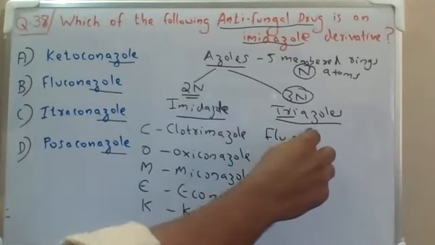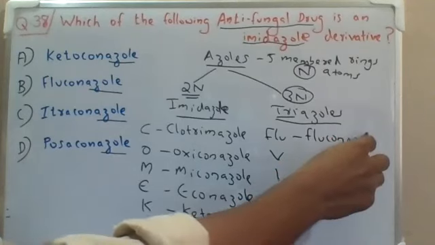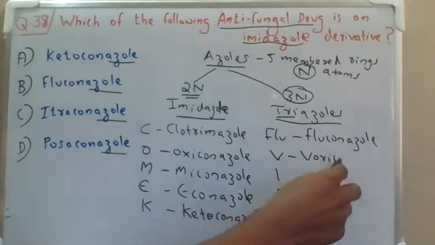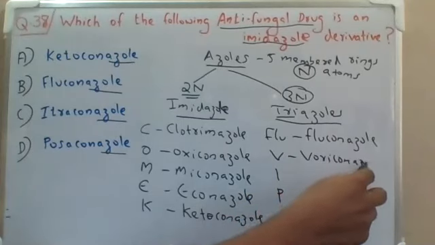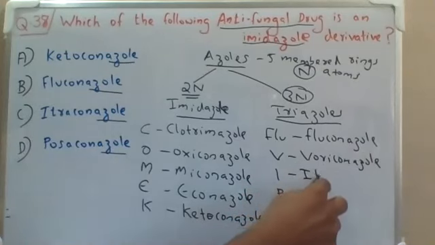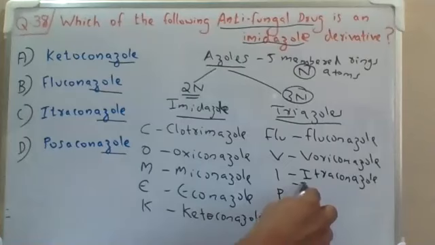Flu indicates fluconazole. V stands for voriconazole. I stands for itraconazole. There is one more drug which starts with I, called isavuconazole.